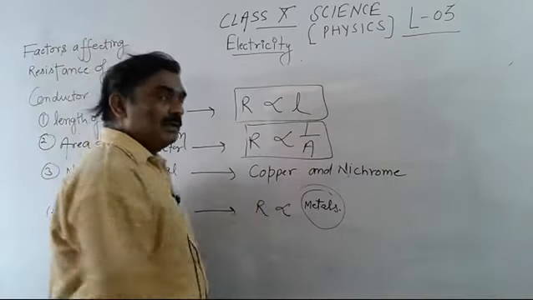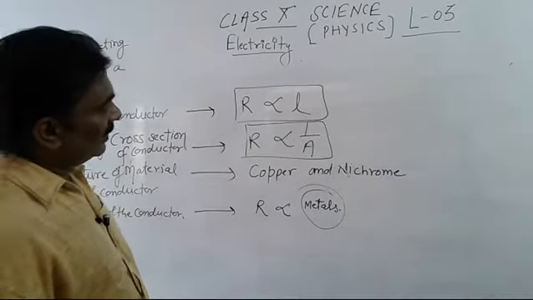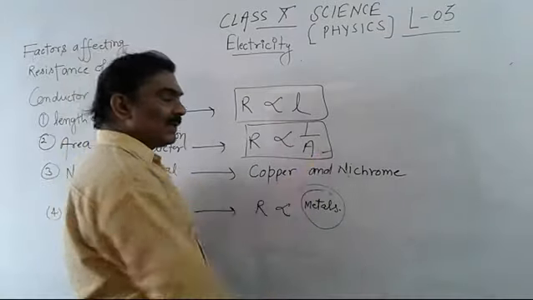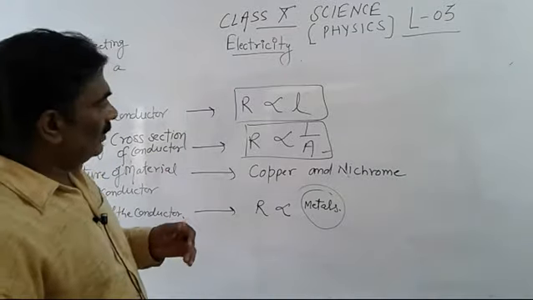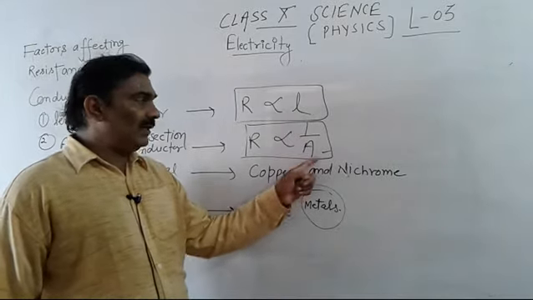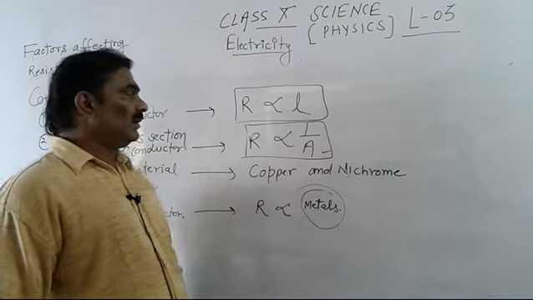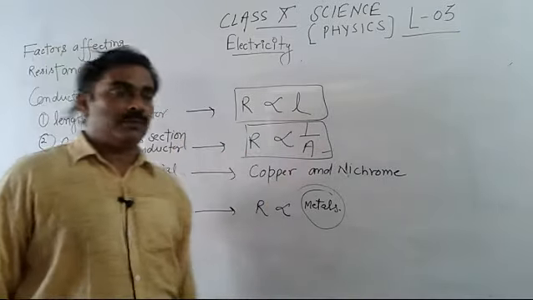Resistance is inversely proportional to the area of cross section of conductor. Means if area of cross section is more, then resistance is less. Just vice versa, if area of cross section is less, then resistance will be more.